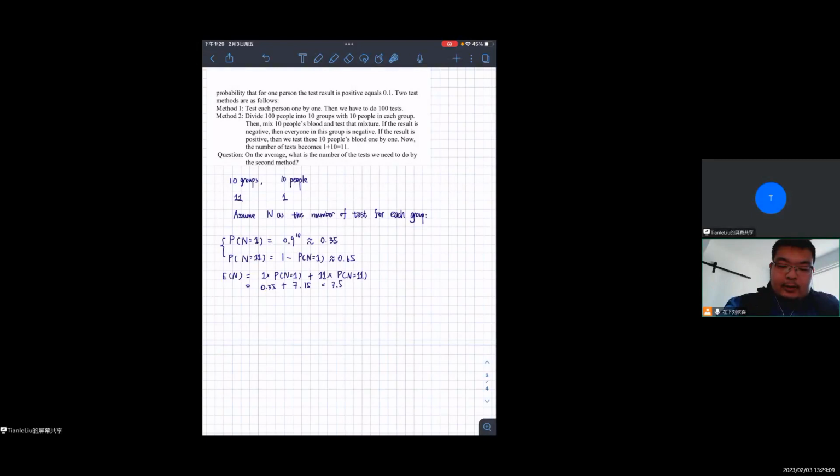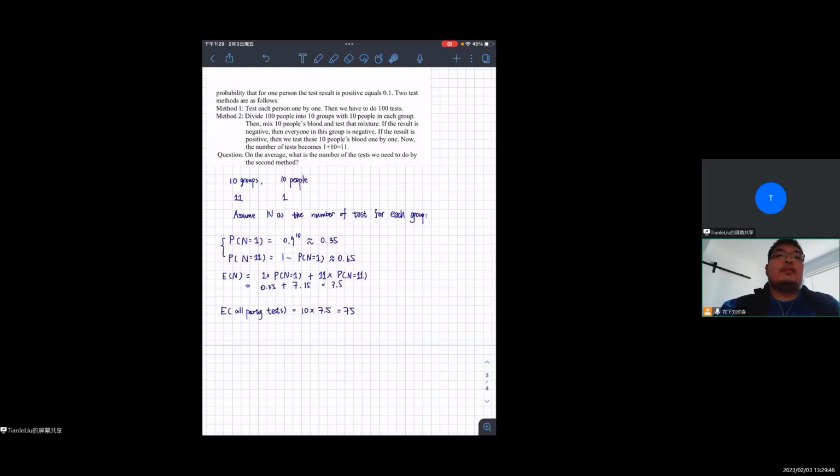We know that there are 10 groups, so the expected number of tests for the whole party will be 10 multiplied by 7.5, the expected number for each group. It turns out to be 75. So this is the answer to the question.